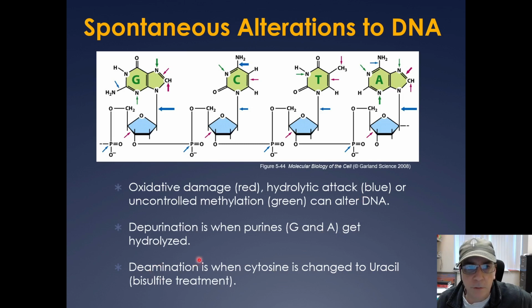Deamination is actually when you remove a free amine. Okay, here's one on guanine, cytosine, and up here on adenine. Okay, thymine doesn't get deaminated because it has no amines to remove. So deamination occurs mostly when cytosine is changed to uracil.